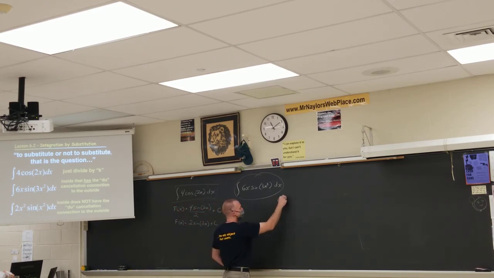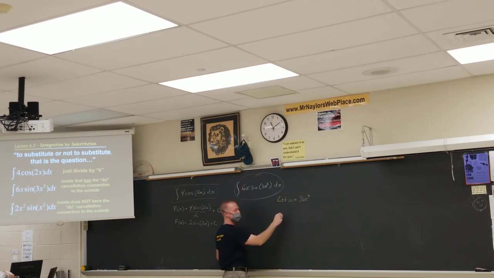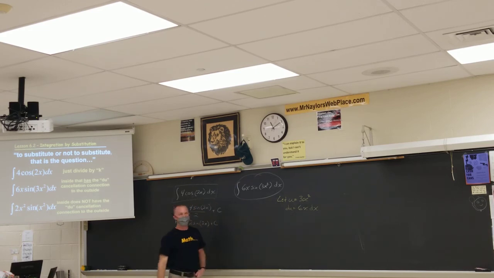But as we already discussed, u equaling 3x squared is where it's at, because the derivative, which is 6x dx, has a perfect match with the rest of the problem.